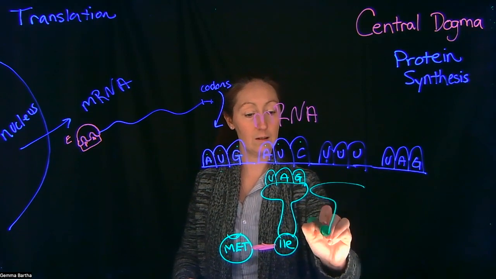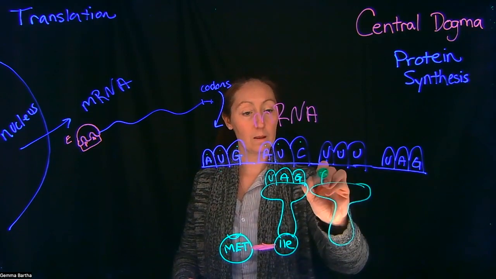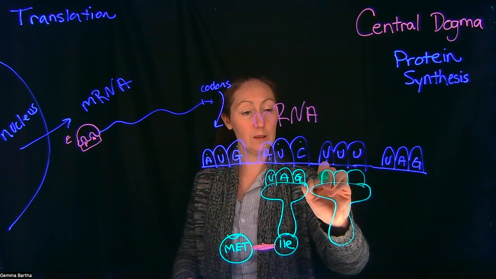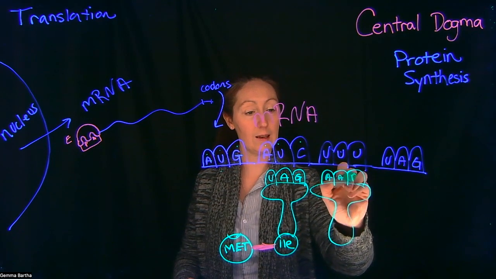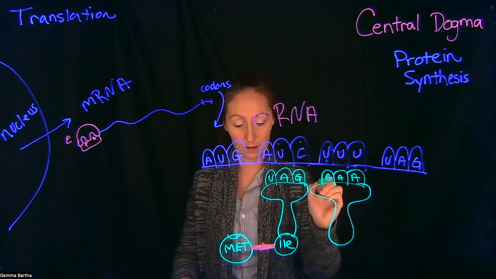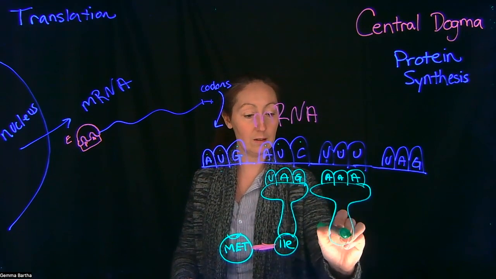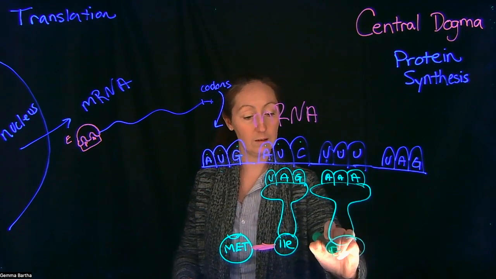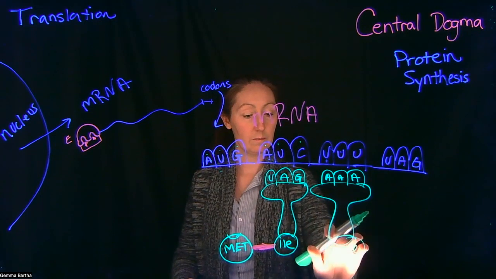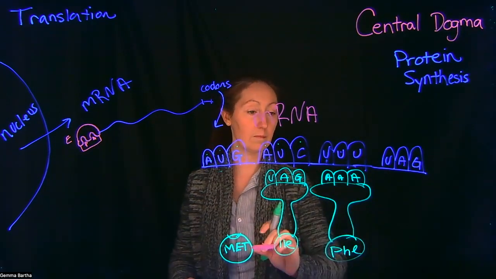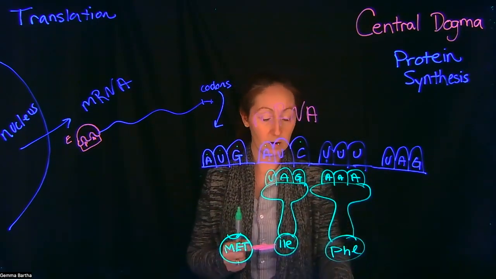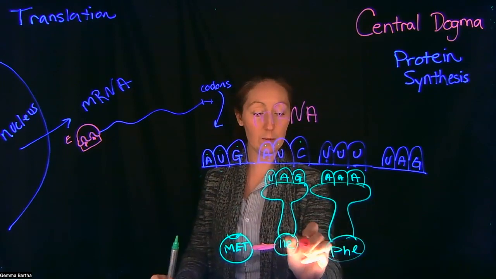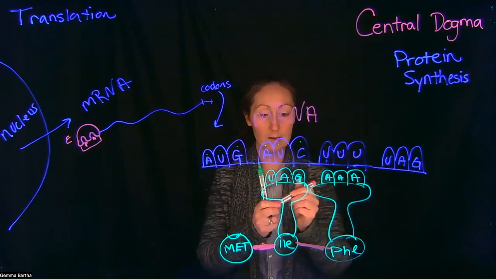UUU, which is PHE, phenylalanine. Don't forget that because we're in the P site, we have that peptide bond being made.